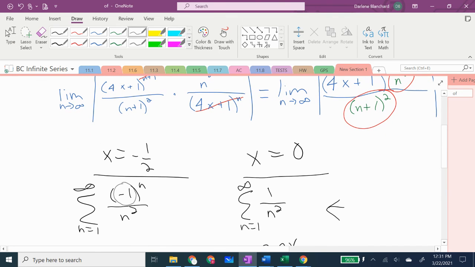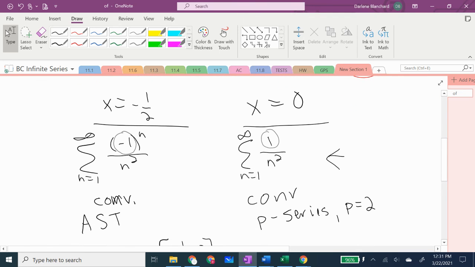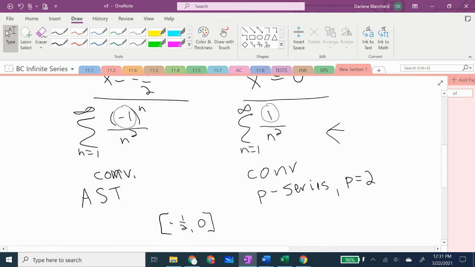When I plug in 0, I end up with just 1 to the n on top, so that simplifies to just 1. When x is negative 1/2, I know it converges by the alternating series test. When x is equal to 0, it converges by p-series. So the interval of convergence includes the endpoints.